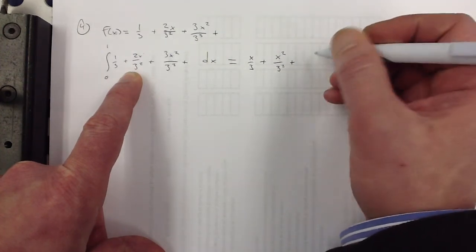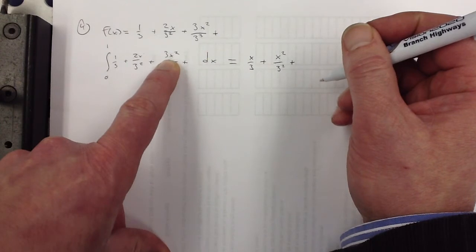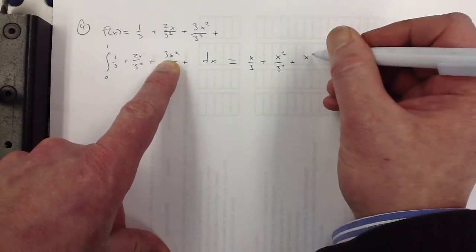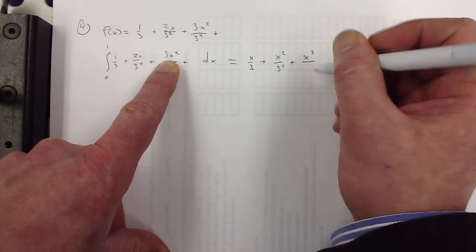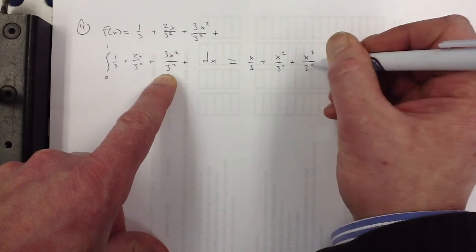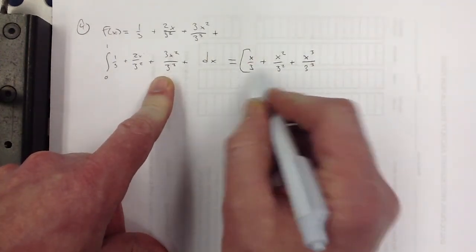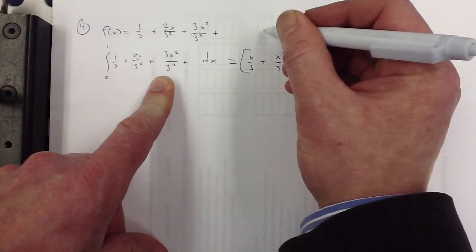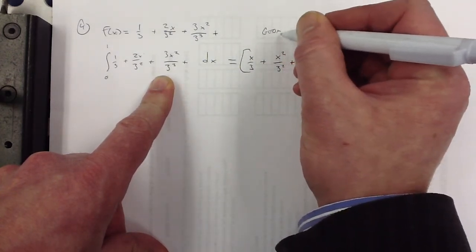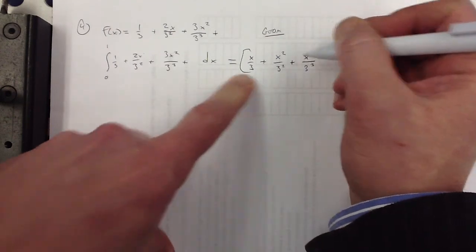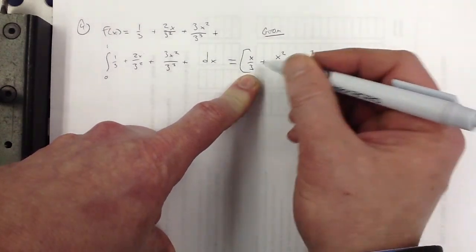Plus the antiderivative of 3x squared is x cubed over 3. And you can see what's happening here. This is actually a geometric series with first term x over 3 and multiplier x over 3.